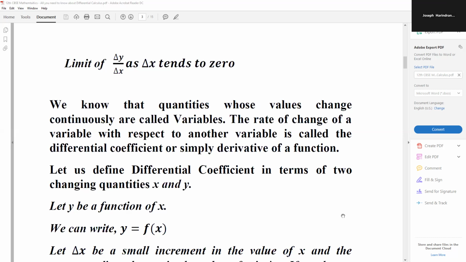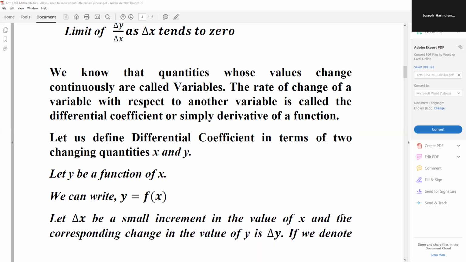We know that quantities whose values change continuously are called variables. The rate of change of a variable with respect to another variable is called the differential coefficient, or simply derivative of a function. Let us define differential coefficient in terms of two changing quantities or two variables x and y.